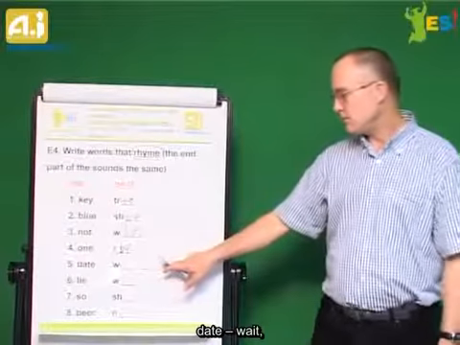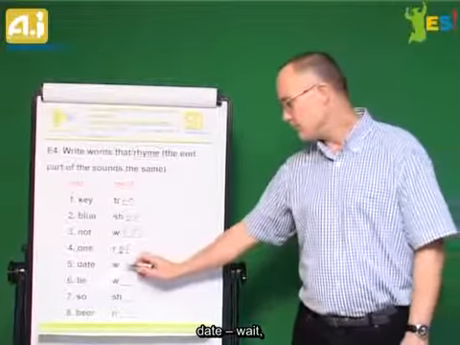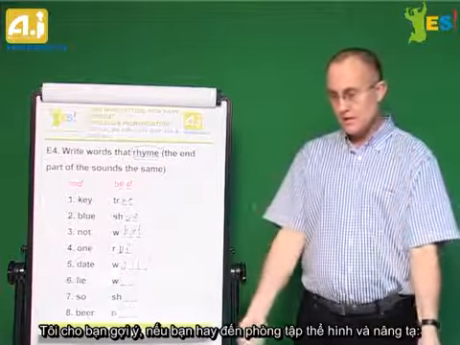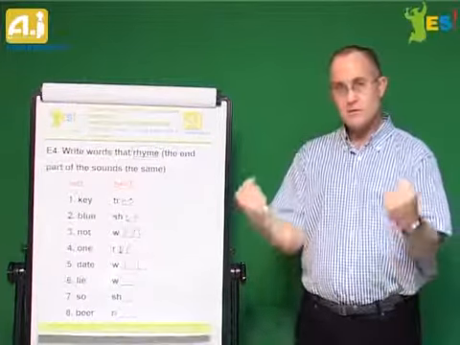Date and wait. Date and wait it is, but also there's another way to spell this sound. I'll give you a hint. If you like to go to the gym and you like to lift weights.